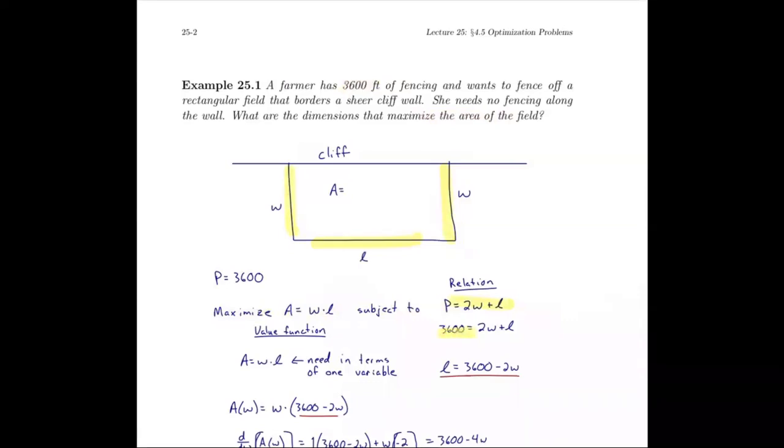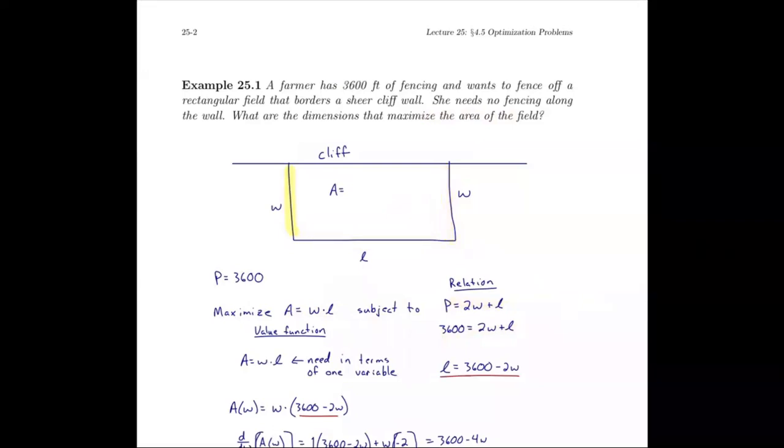We know that this has to be 3,600 feet because that's the fencing we have to use to build the area. Of course, we want to use all of it to get the maximum amount of area. So there's no question about using any less than 3,600. We're going to use all 3,600 feet of it and try to maximize this area.